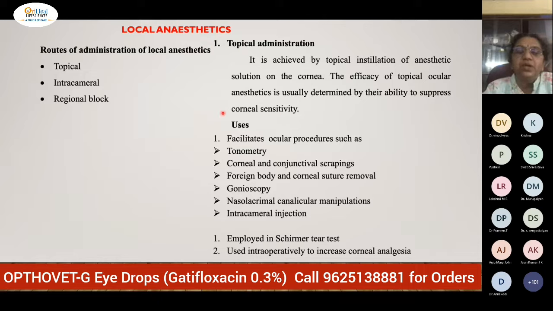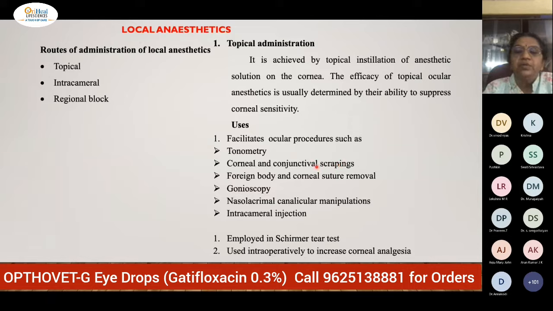We were talking in the last few slides about how to assess the corneal sensitivity. Prior to administration of the local anesthetic, you assess the sensitivity. Then after application of the topical anesthetic you assess again, and if you are happy that the corneal sensitivity is abolished, then you can work further. This is useful for procedures like tonometry, corneal and conjunctival scrapings, not for swabs.